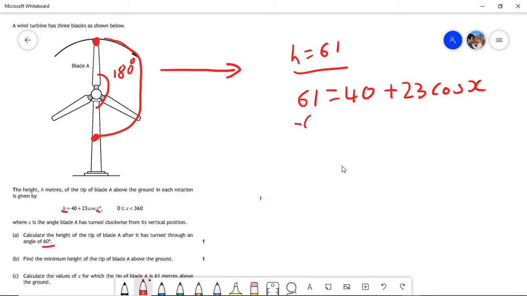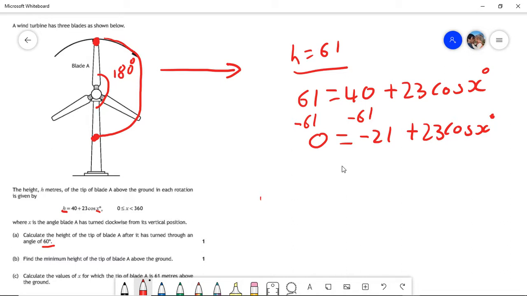So again, the first thing I want to do really is take 61 from both sides. And the reason I'm doing that is I just want to get a feel for what this graph would actually look like if I was to plot this. So that would give me 0 equals -21 plus 23 cos x. I'm going to draw my degree symbol there.